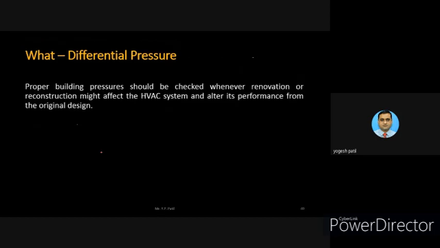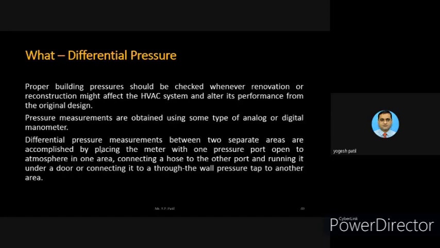Proper building pressure should be checked whenever renovation or reconstruction might affect the HVAC system and alter its performance from the original design. There are different types of manometers and pressure measuring devices. You know very well what technique is used for measuring pressure, maybe a manual method, maybe an automatic method.